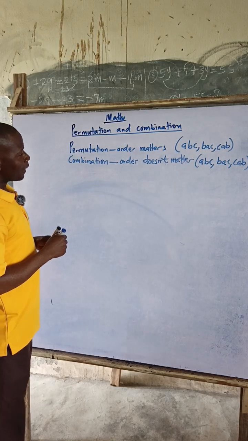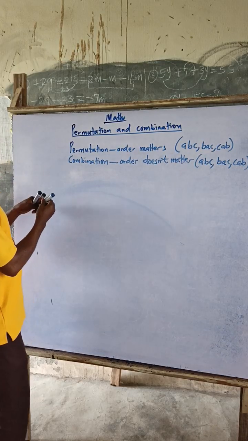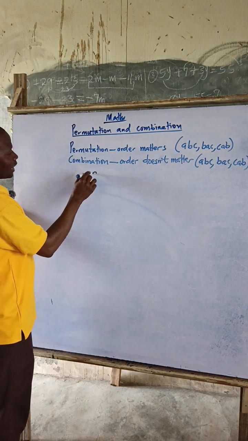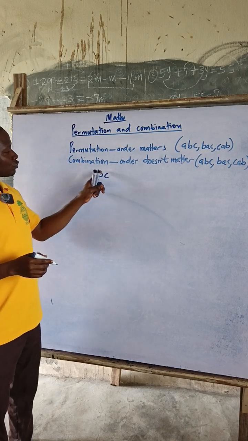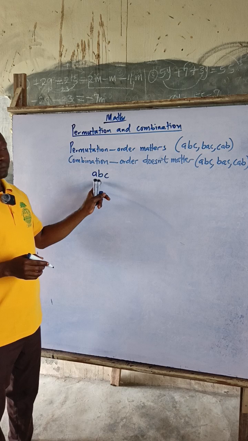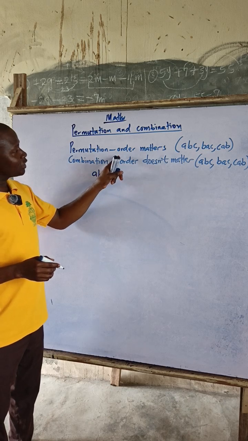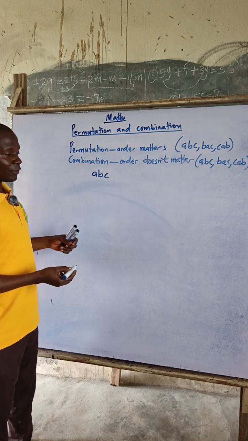Now, for instance, if we are given three letters A, B, C, how many ways can two letters be arranged here, in which the order of arrangement matters? That is permutation.